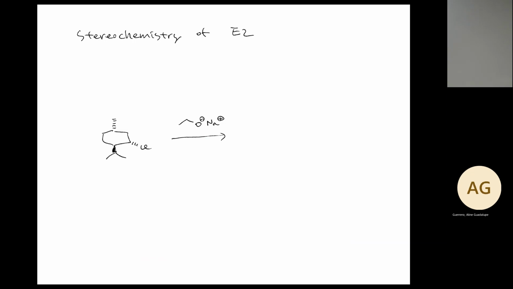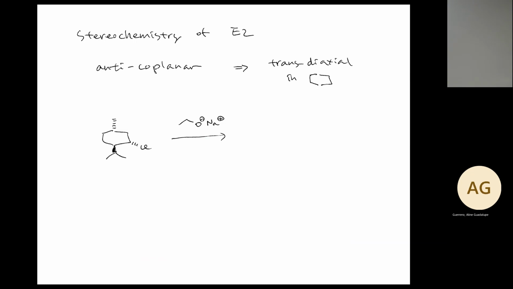So that's something that I want you to remember. Trans-diaxial is the anti-coplanar in cyclohexane. So basically, if you see the halogen there, then the hydrogen in the trans relationship on the adjacent carbon is the one that gets abstracted by the base.